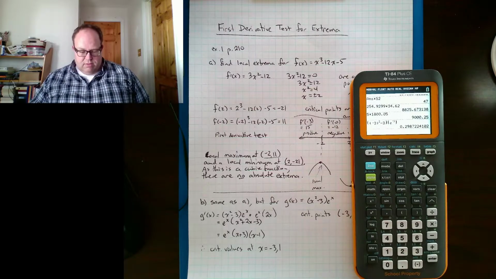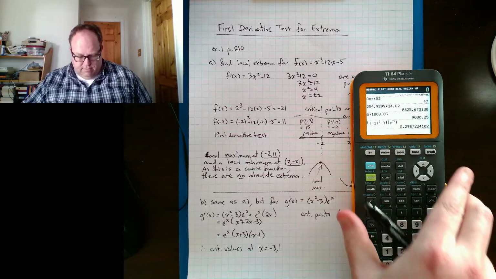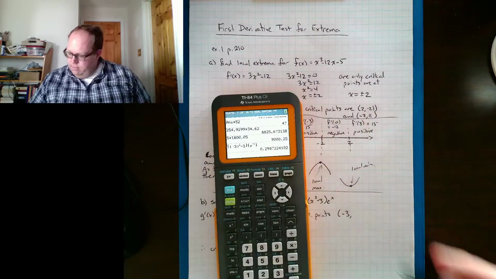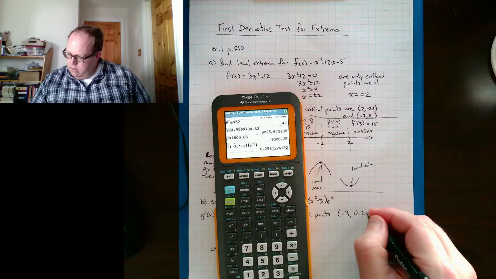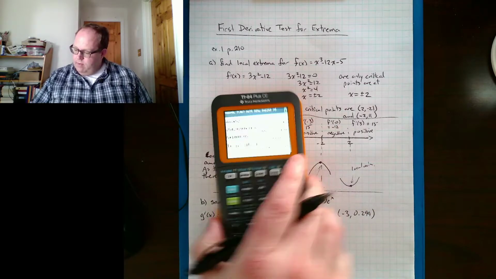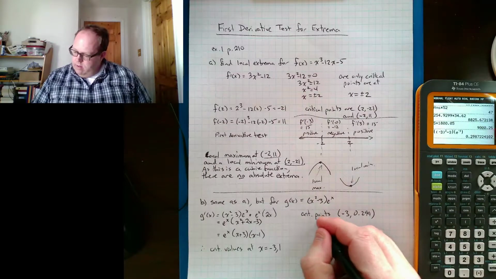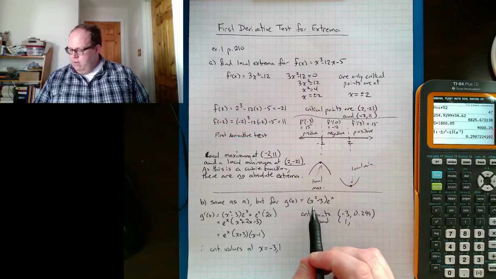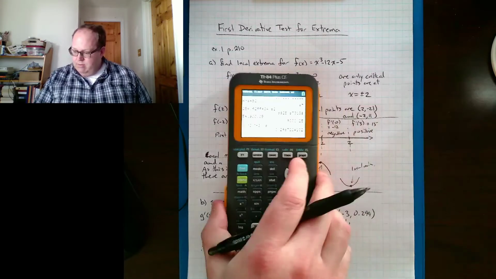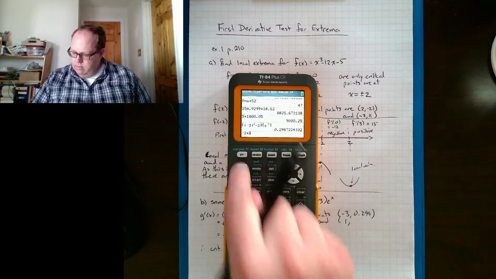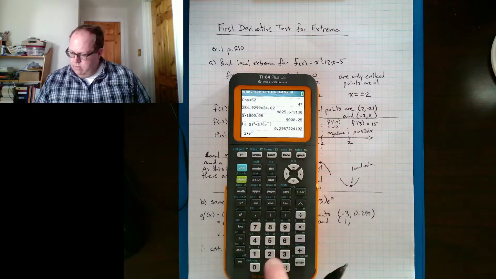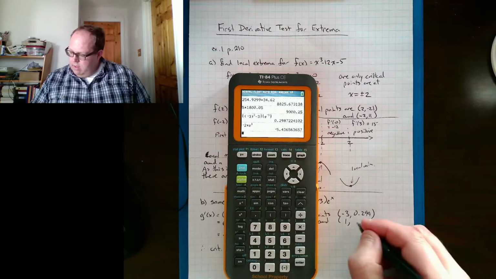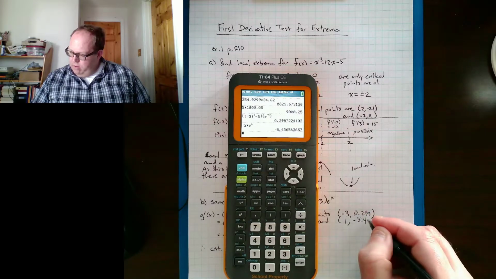That's about 0.29. And at 1, I have 1 squared minus 3 is -2. -2 times e is about -5.437.